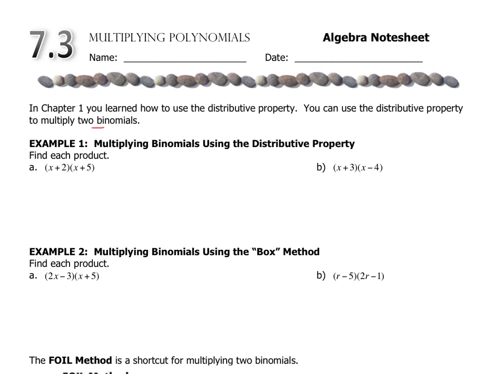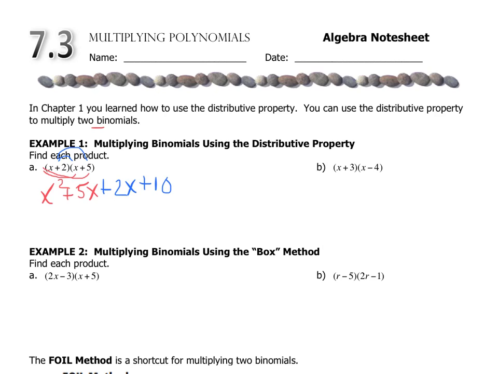So here's, for example, 1. If I'm looking at x plus 2 times x plus 5, what I would basically be doing is I would say x times x is x squared, x times 5 is 5x. Then I would move to the second term within that first binomial. 2 times x is 2x, and then 2 times the 5 is plus 10.